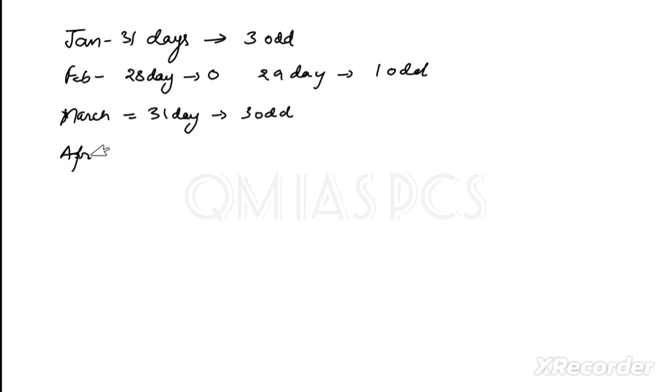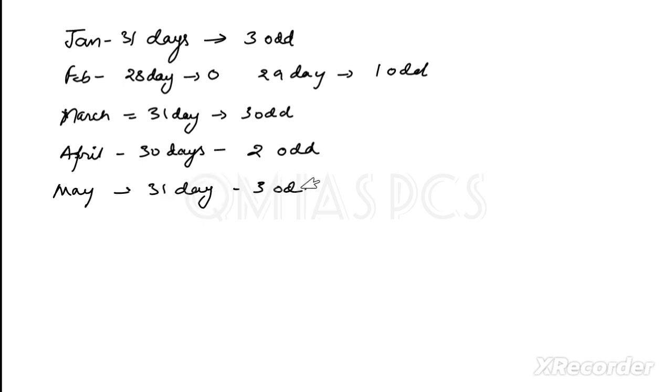April has 30 days, so it will be 2 odd. Then May, 31 days, that means 3 odd. June, 30 days, so 2 odd.